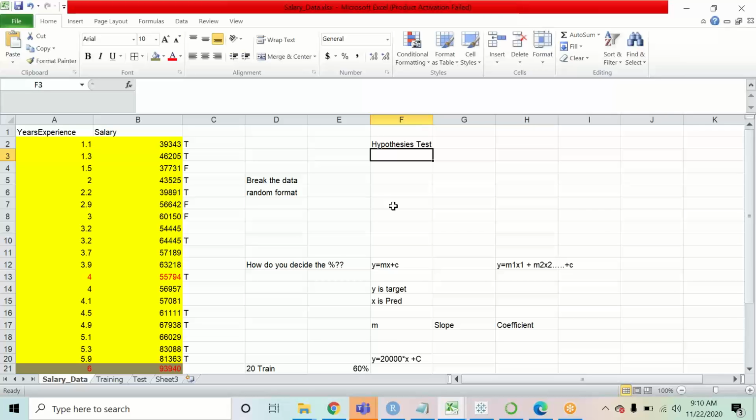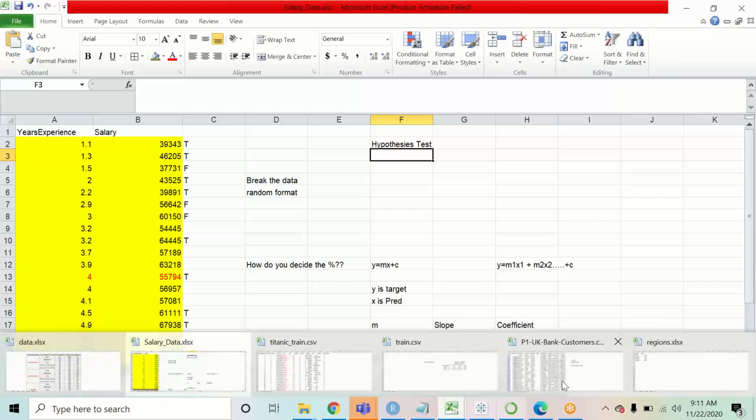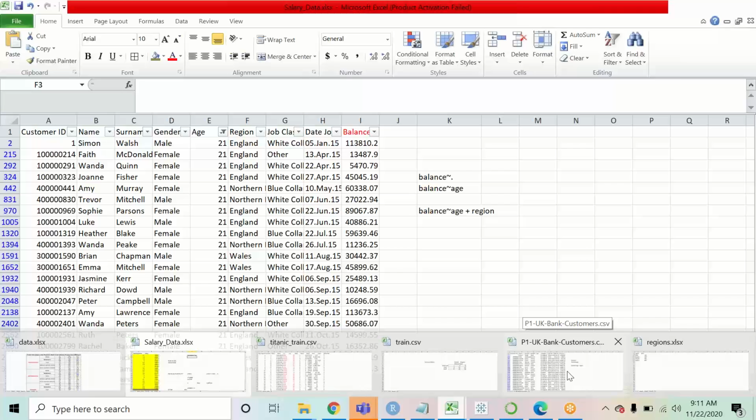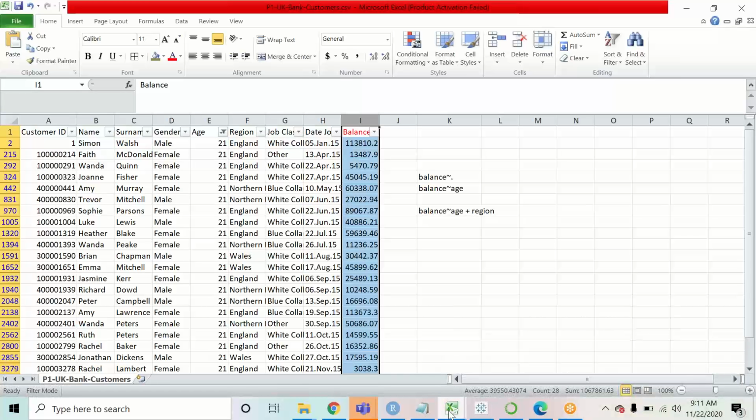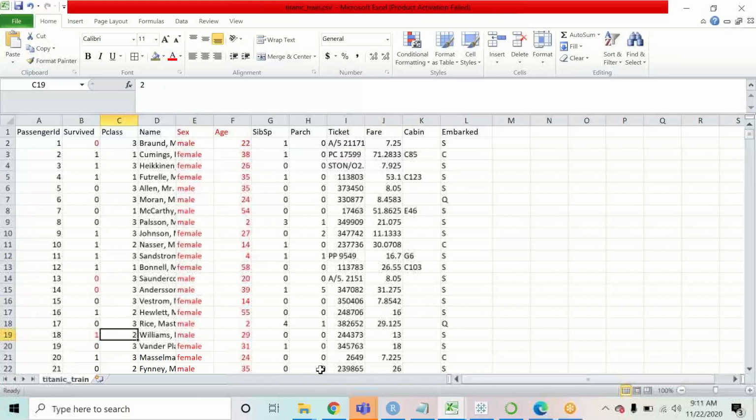So the model building that you do, if I show you the Titanic data set again, and if I ask you what are we trying to find out in this model, what will be your objective?